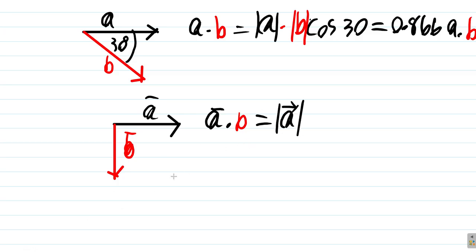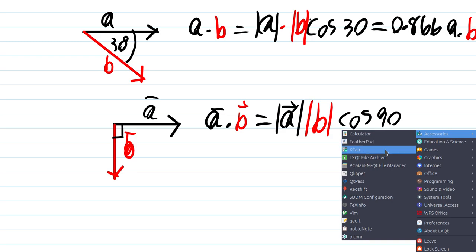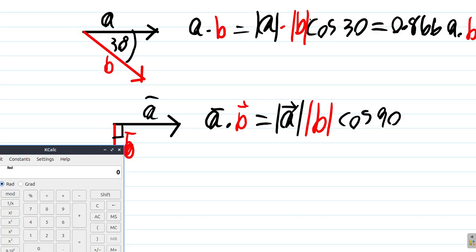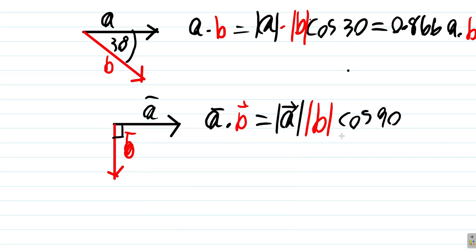Magnitude of A times the magnitude of B times cosine what? This angle is 90. Cos 90. Now what is the cosine of 90? Well, let's clear the calculator, 90 cos is 0. Right? So this is 0. So B is not helping A at all. Right? It's not helping A.